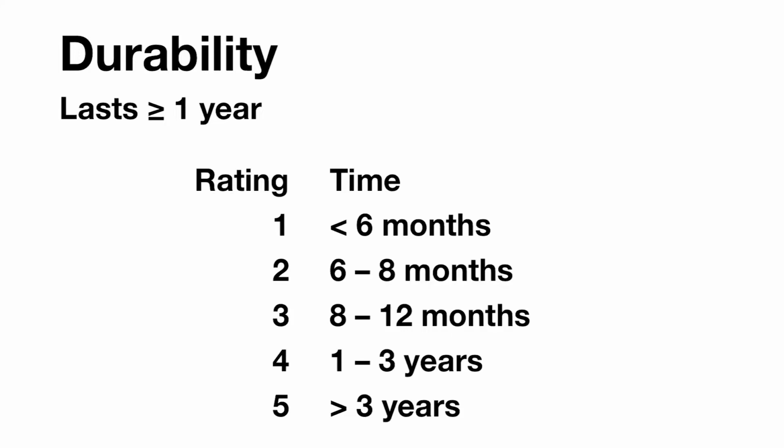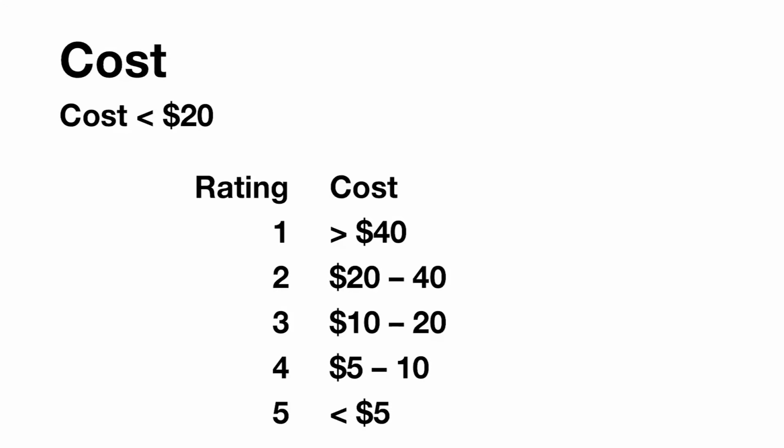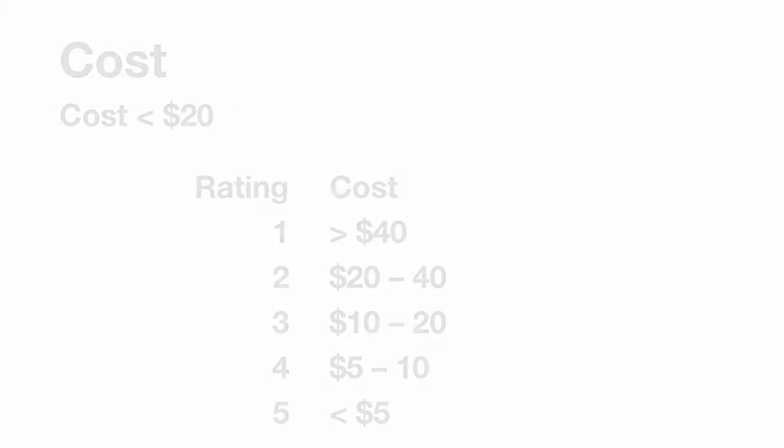As you notice, times range from less than 6 months to greater than 3 years on our rating scale of 1 to 5. For cost, we set the design criteria to be less than $20. And again, here we have increments from $40 to 20 to 10 to 5 from our 1 to 5 rating, with each level for each design criteria set. This allows a team to move through filling out the Pew matrix in a very systematic way.